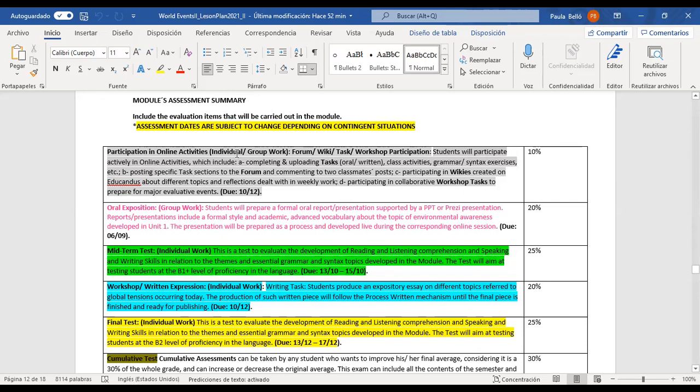Also, some activities in the participation are in pairs or groups, like the wiki. The wiki is accomplished by 2 people because you can work together with that tool. Also the workshop. Son herramientas que se usan en Educandus para trabajar en conjunto.